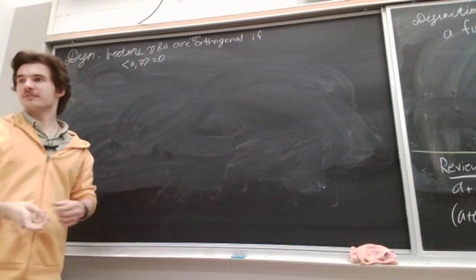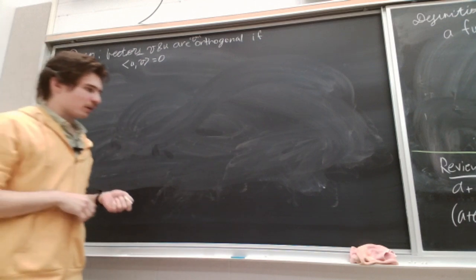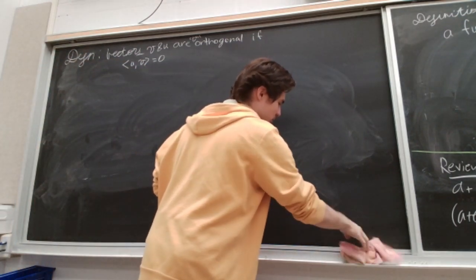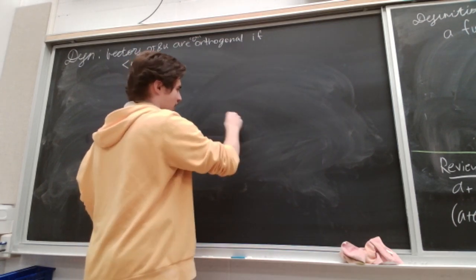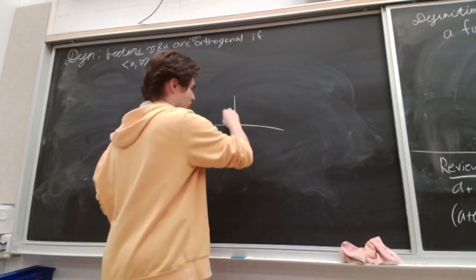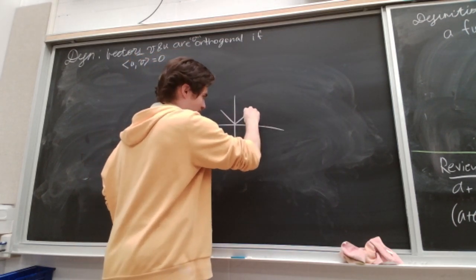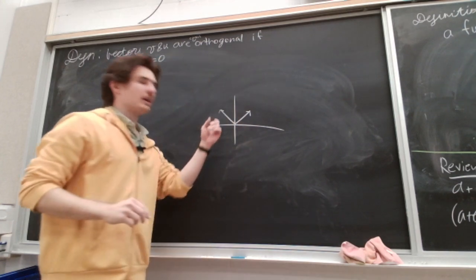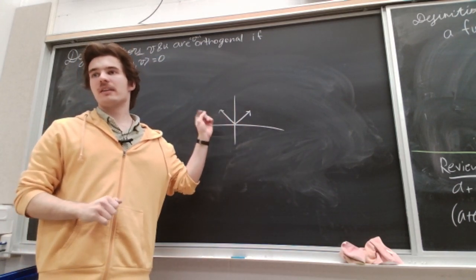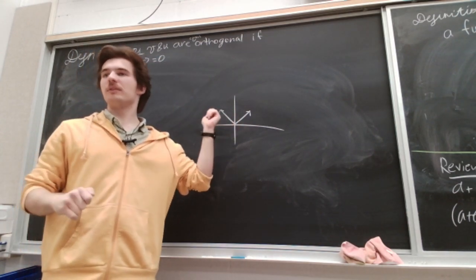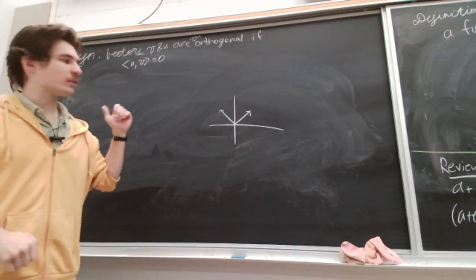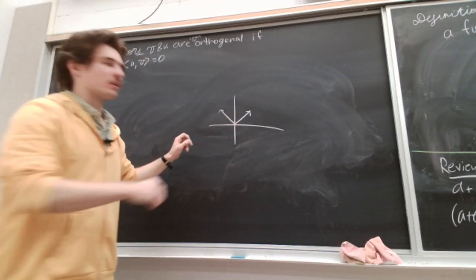Okay? And why is this called orthogonal? Maybe from your high school math class, you may remember that if you had two vectors that were perpendicular to each other, then their dot product would be 0, and you would get that they're orthogonal.